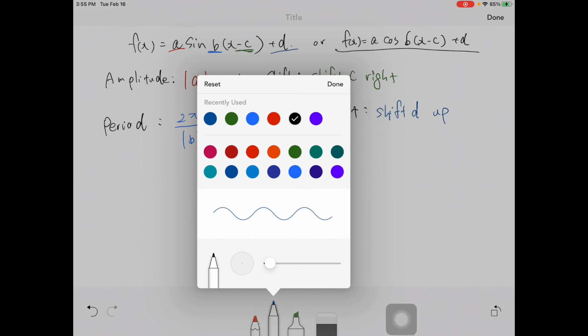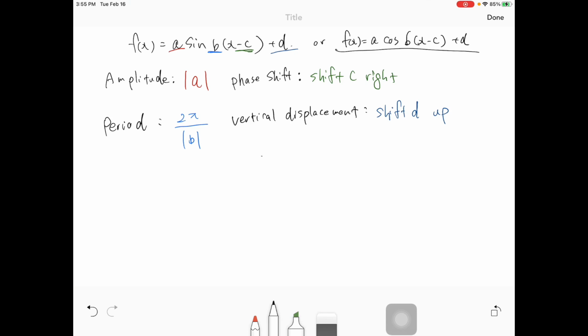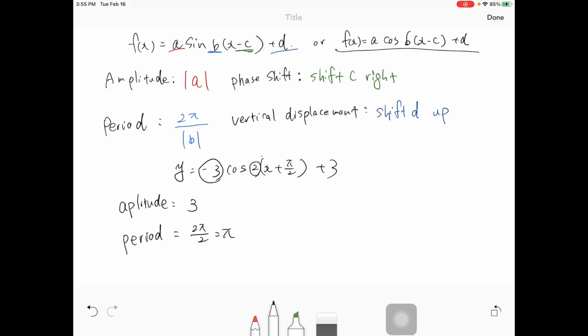So let's work on one more question to use this. Let's say y equals negative 3 cosine of 2 times (x plus pi over 2) plus 3. In this case, amplitude is the absolute value of here, which is 3, and period depends on the value here, so it's going to be 2 pi over 2, which is pi.